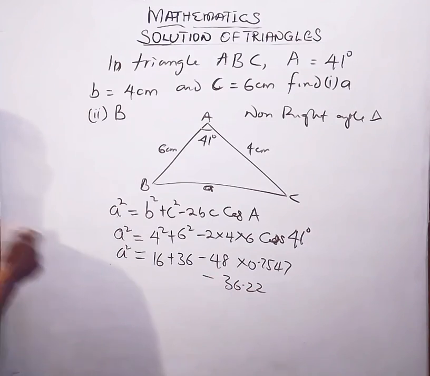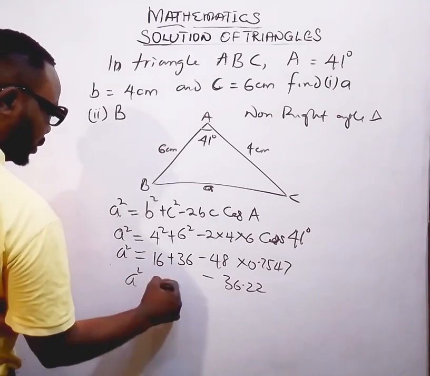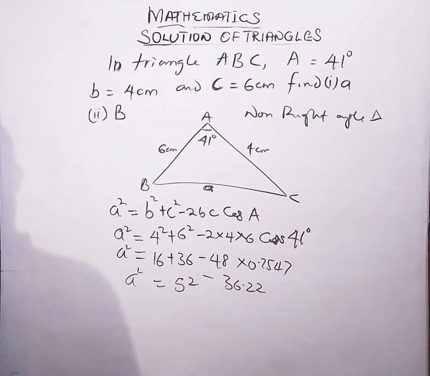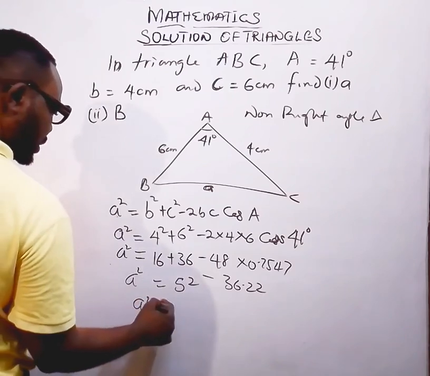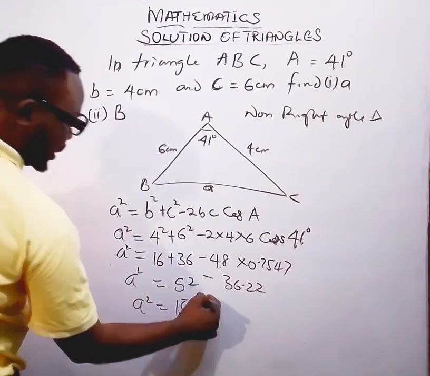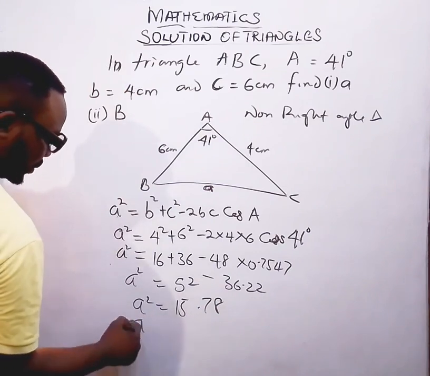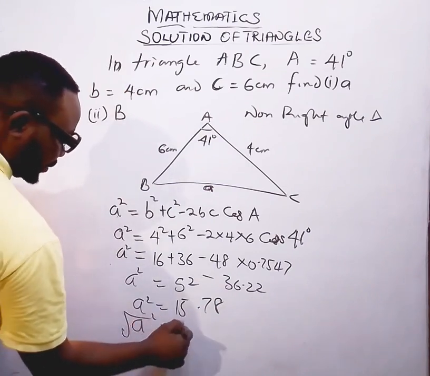We have a squared equal to 52 minus 36.22, that's 15.78. We have to find the square root of both sides now.